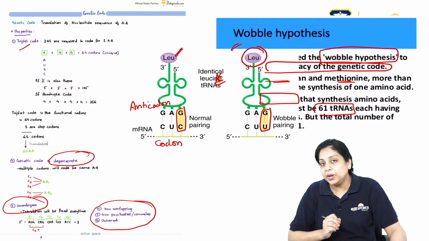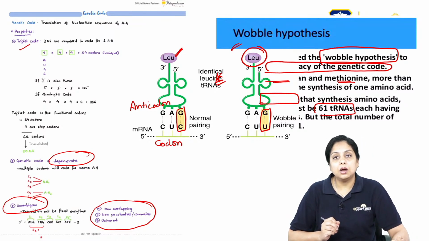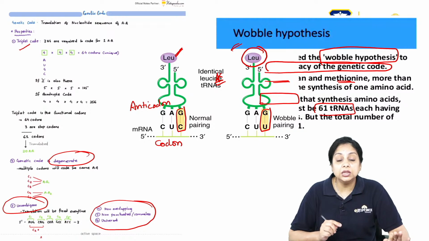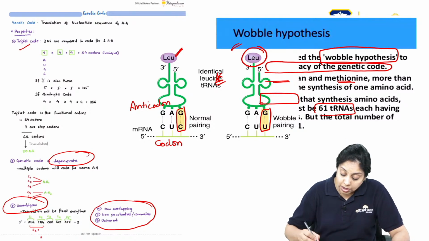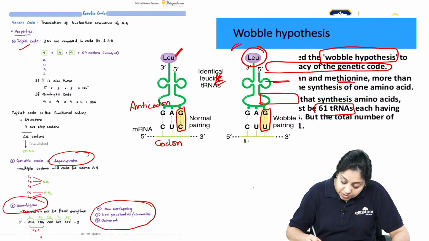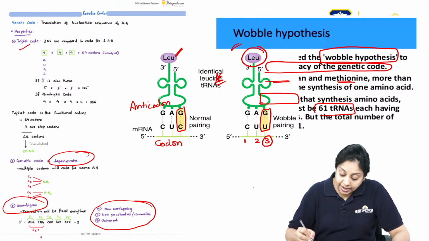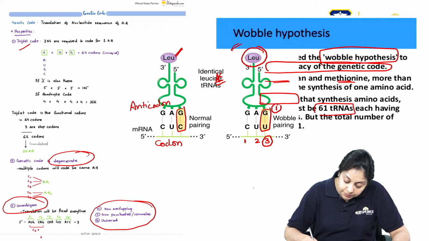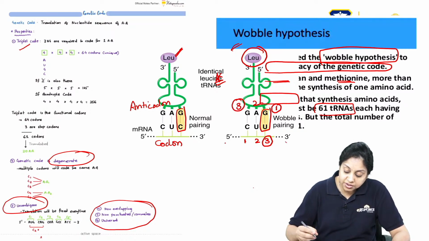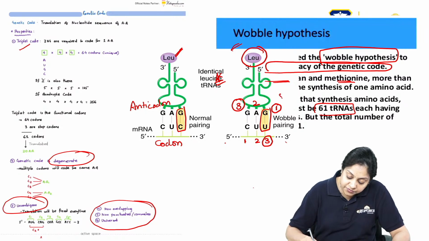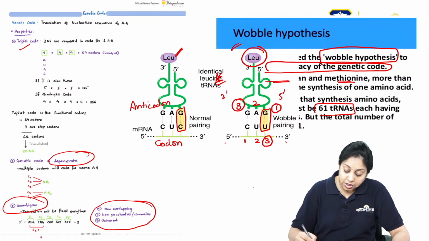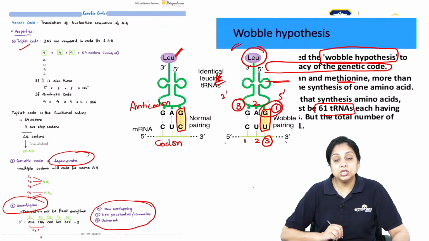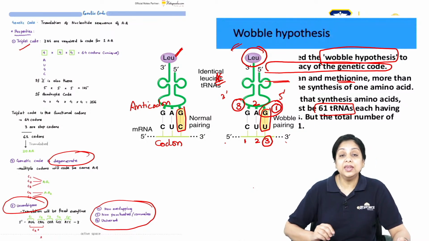Now you have to pay attention to which base we are talking about in the codon and in the anticodon. So this is the codon: positions 1, 2 and 3. And the anticodon is 1, 2 and 3. They base pair in opposite directions. If this is 5' to 3', the anticodon runs 5' to 3' in this direction. So the first position in the anticodon can be variable.